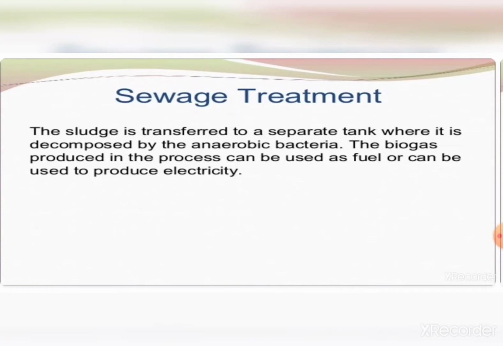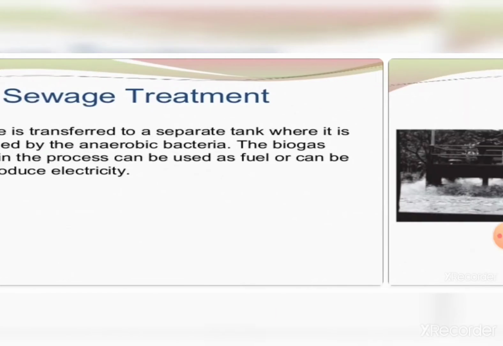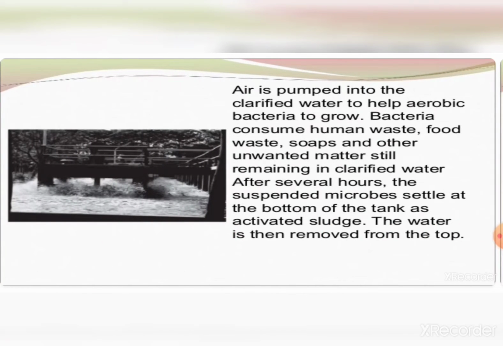Sewage treatment also includes the sludge, which is then transferred to a separate tank where it is decomposed by the anaerobic bacteria. The biogas produced in the process can be used as fuel, or it can also be used to produce electricity. Air is pumped into the clarified water to help aerobic bacteria to grow.